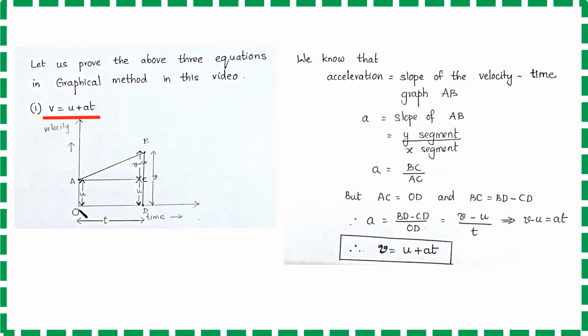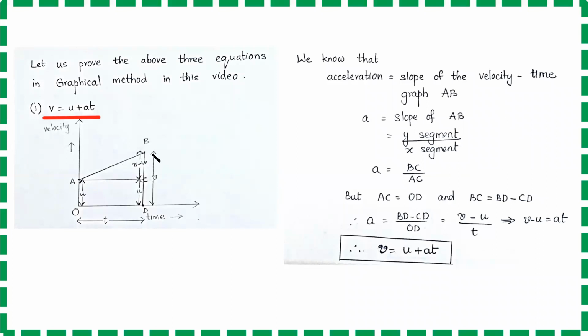O is the origin. Initially at zero time, that means at the start, the object was at A. After a time t, the object reached position B.